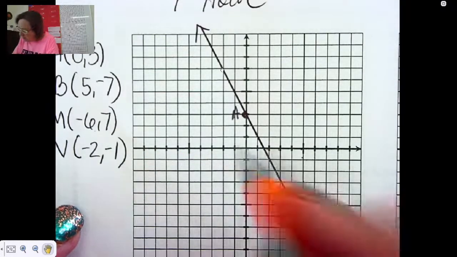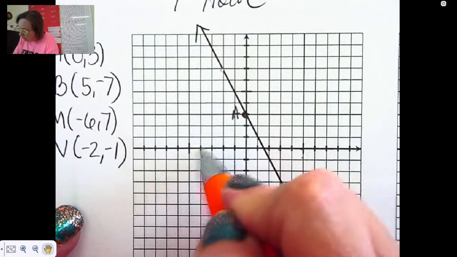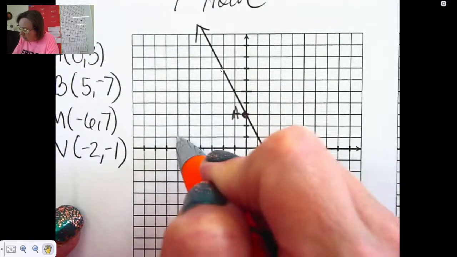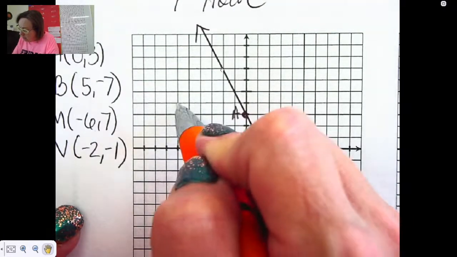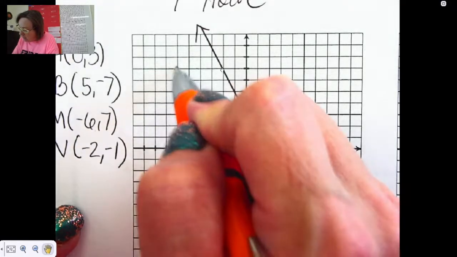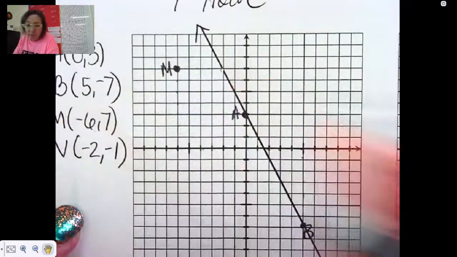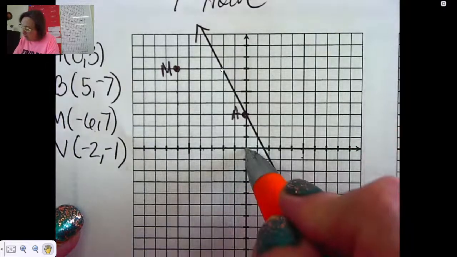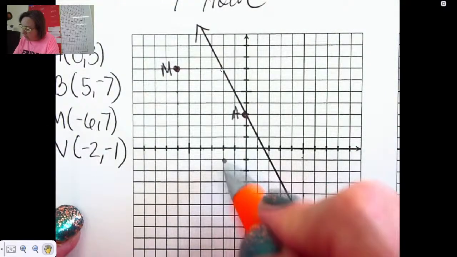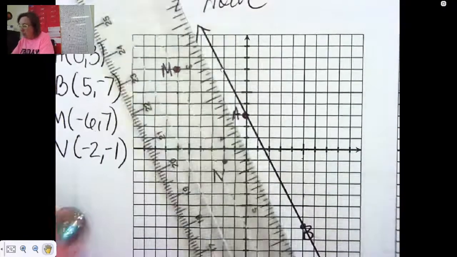So negative 6, 1, 2, 3, 4, 5, 6, 7. 2, 3, 4, 5, 6, 7. That's M right there. And then N is negative 2, negative 1. That's N. And we're going to draw that line.